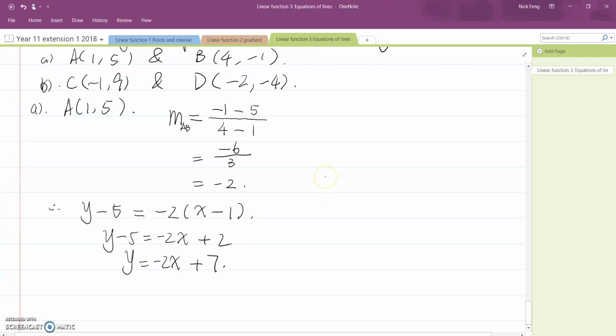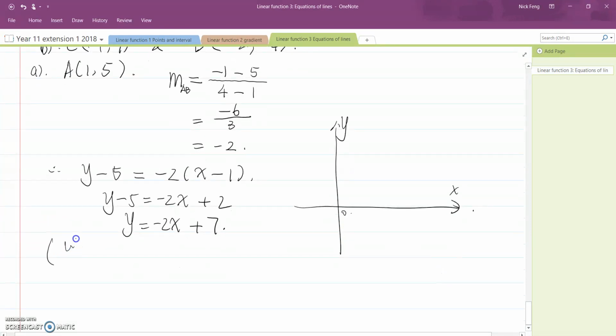Oh, speaking of which, how to sketch this line the quickest way. This is not asked by this question, I just feel like we actually need to know it. When x equals 0, y equals 7, so obviously that is your y-intercept, we already know that.